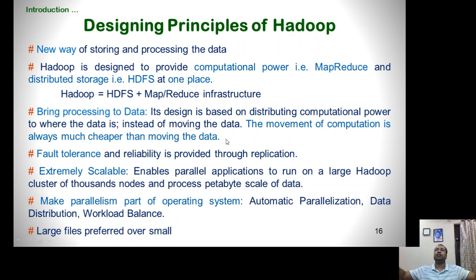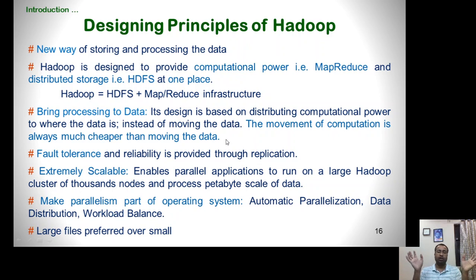How do we distribute the computation? That is, portions of different computation, portions of different code. The same code is executed, but the code is designed in such a way that on different nodes different portions of the code will be executed. So we don't move the data, we don't disturb the data.